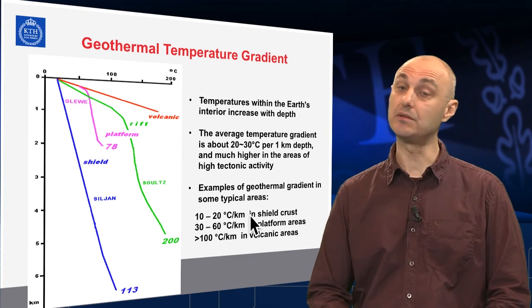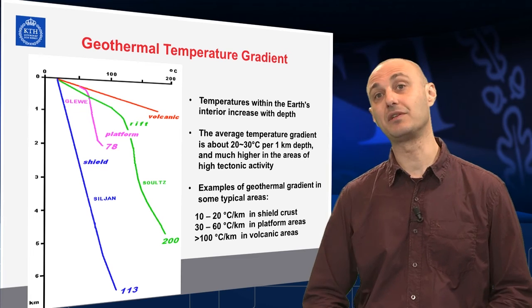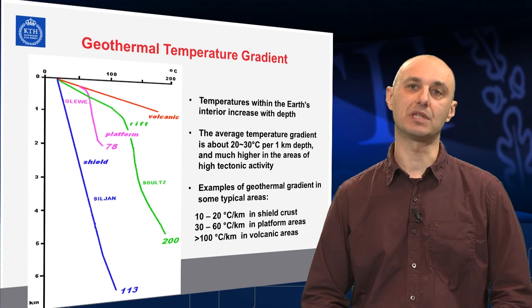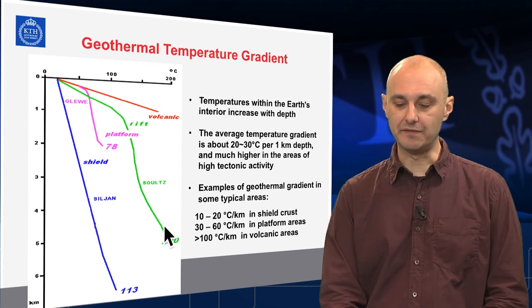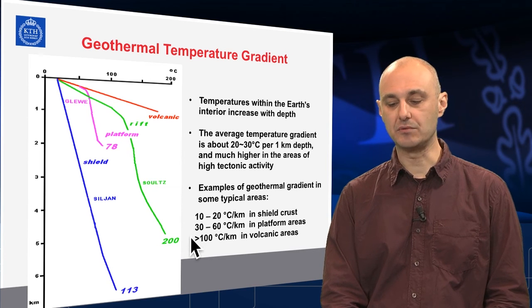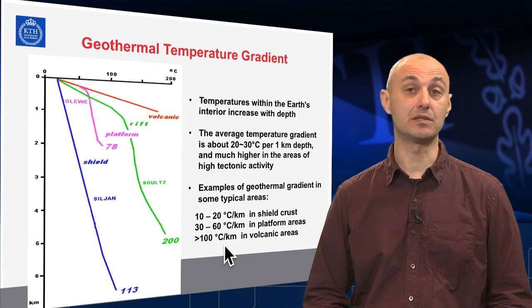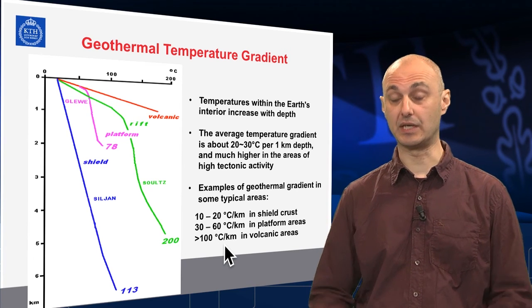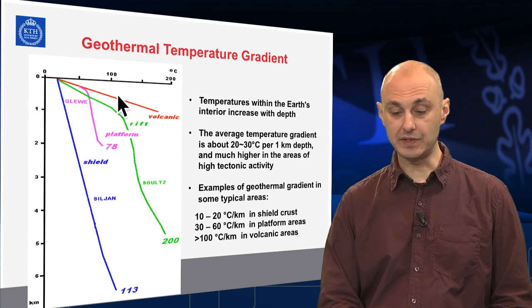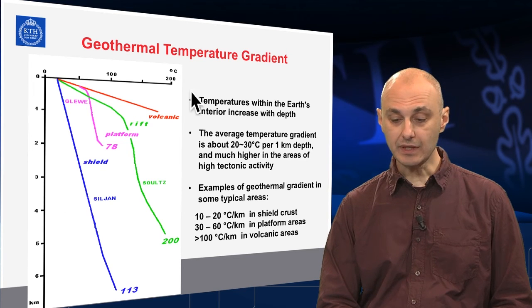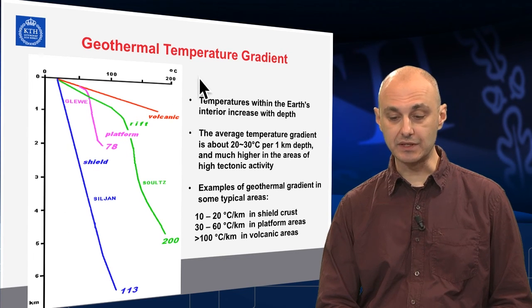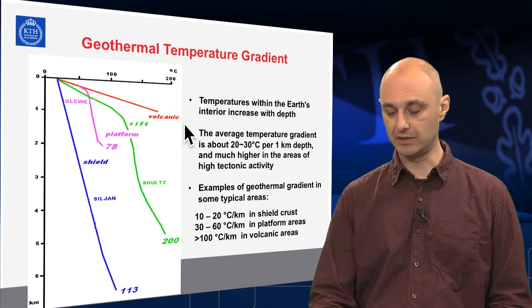So we need to drill definitely a couple of kilometers to reach some sort of high temperature. In very active areas, of course, we can have temperature gradients of 100 or even more degrees per kilometer of depth.